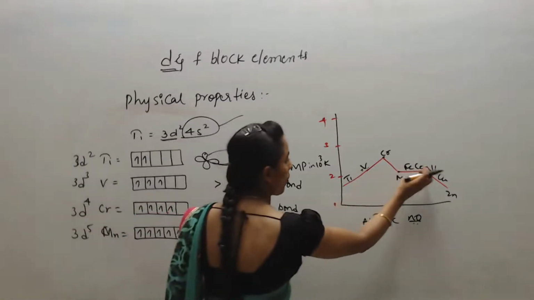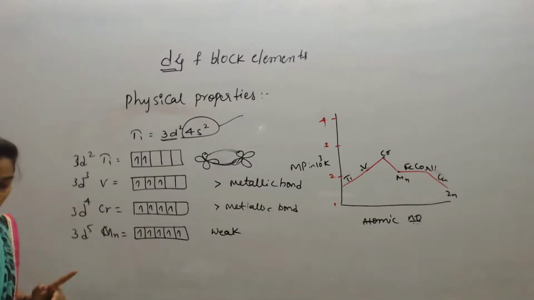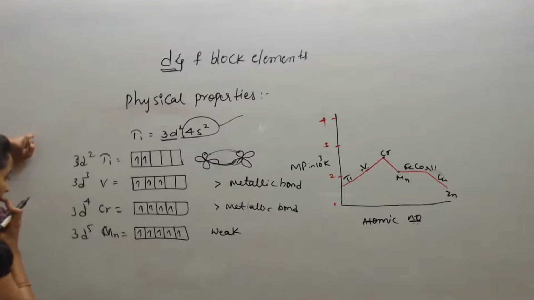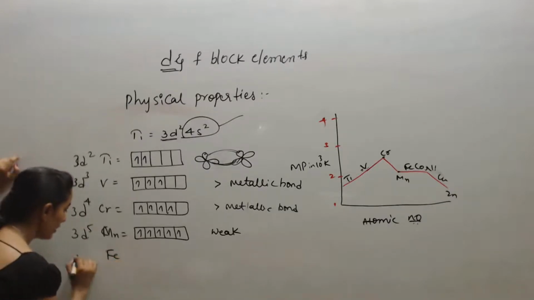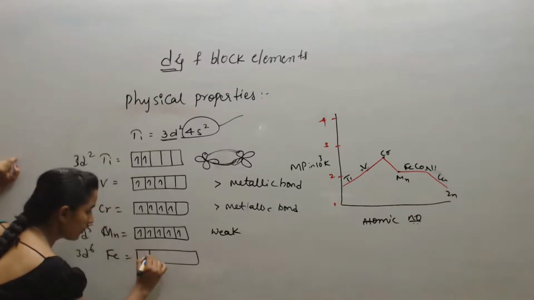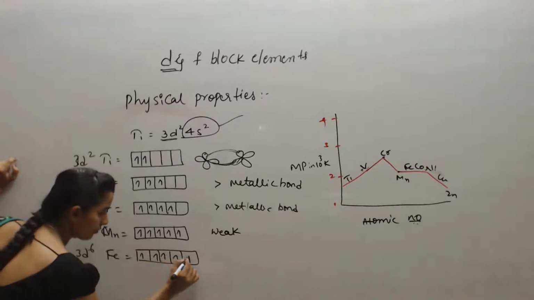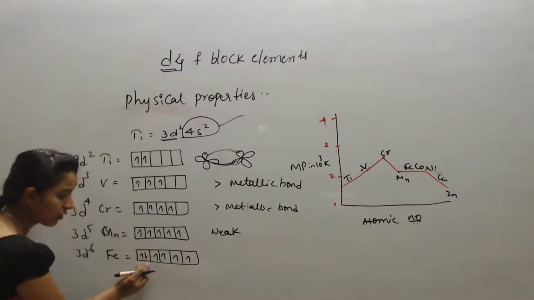Again for iron, cobalt, nickel, copper, it decreases, students. Why, I'll show here. This is up to manganese. Okay, I write here. For iron, it is the 3d6 configuration. That means 1, 2, 3, 4, 5, and 6. Here one paired electron is there.